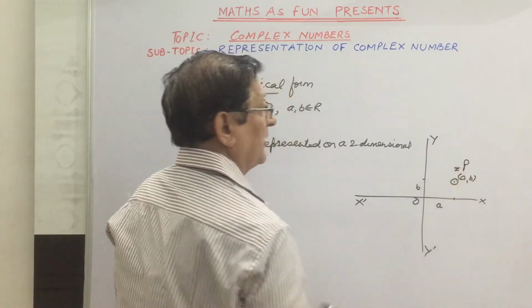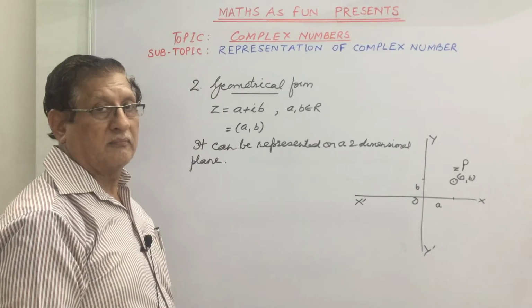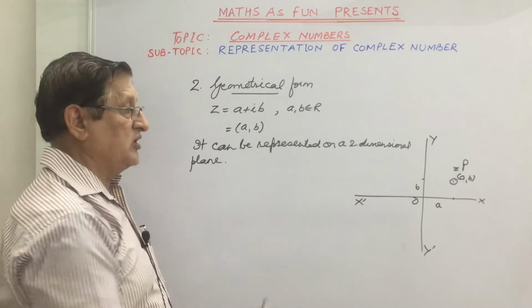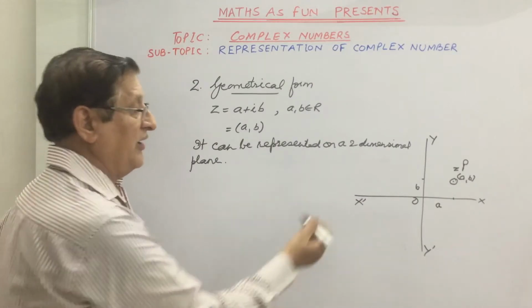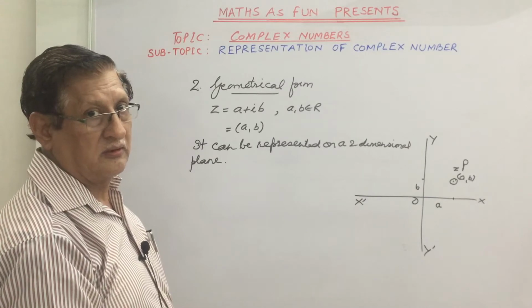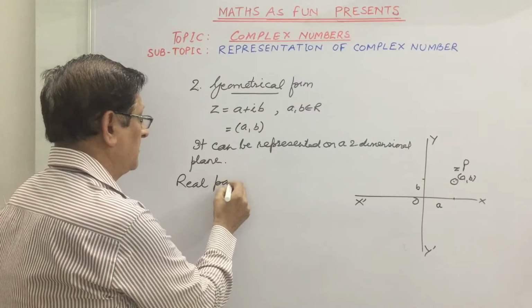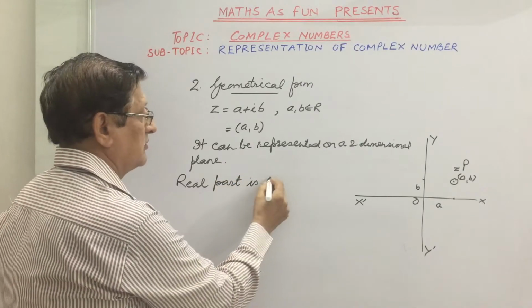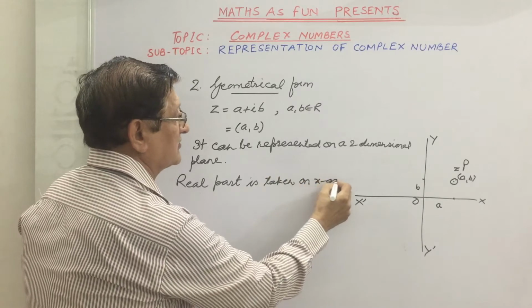Suppose we represent it by p. This p represents the complex number here, and since we have taken the real part on x-axis, a real part is taken on x-axis.